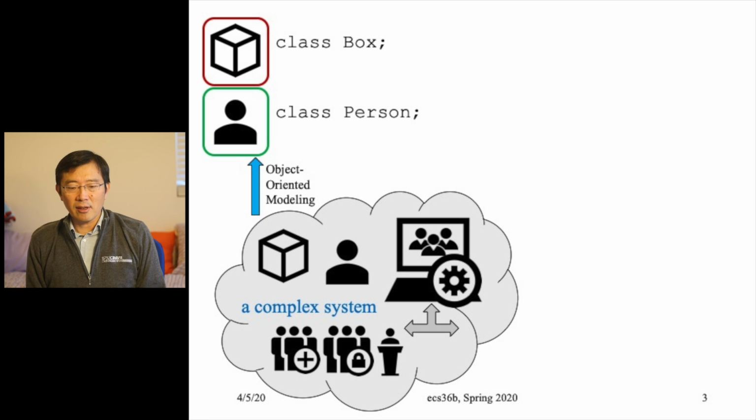Classes are a way we abstract from the real system and use as a basic building block to capture the whole complexity of the targeted system we would like to build eventually.